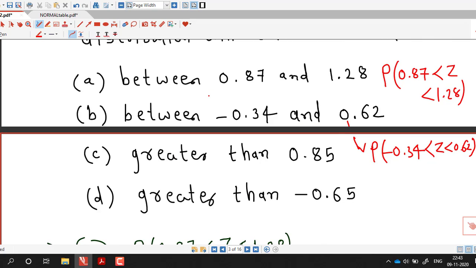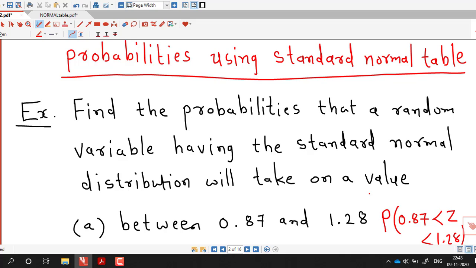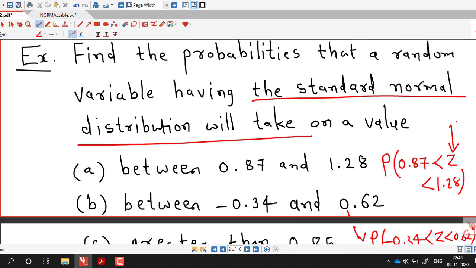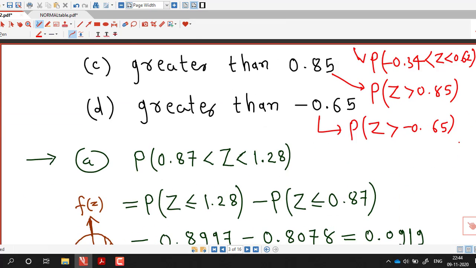Part C: find the probability greater than 0.85 and probability greater than minus 0.65, where the variable has standard normal distribution. So we are using capital Z. We find out these probabilities one by one.